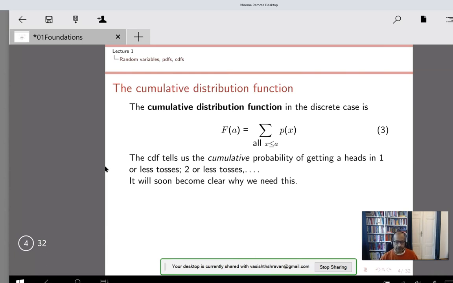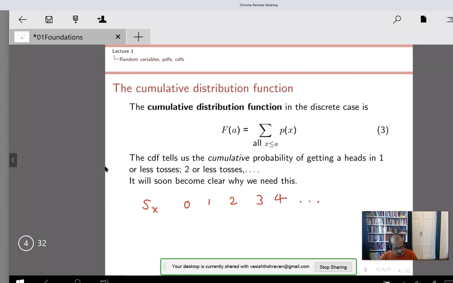The cumulative distribution function is going to tell us the cumulative probability of observing some value, let's call it a, or something less than that. So to make things concrete, think about again the example that I've been giving you. The support of x is these numbers, right? 0, 1, 2, 3, 4, and so on.